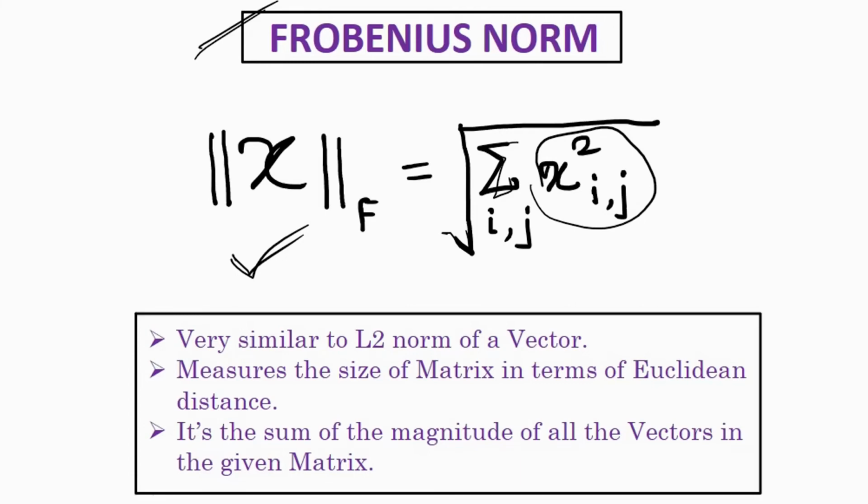However, before moving on to that, a few more things to remember: the Frobenius norm is very similar to the L2 norm that we have studied in the vector topic. The idea of a Frobenius norm is to measure the size of a matrix in terms of Euclidean distance, and it gives us the sum of the magnitude for all the vectors in the given matrix.